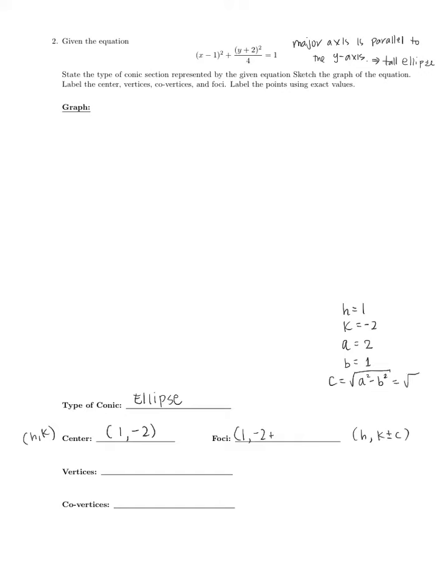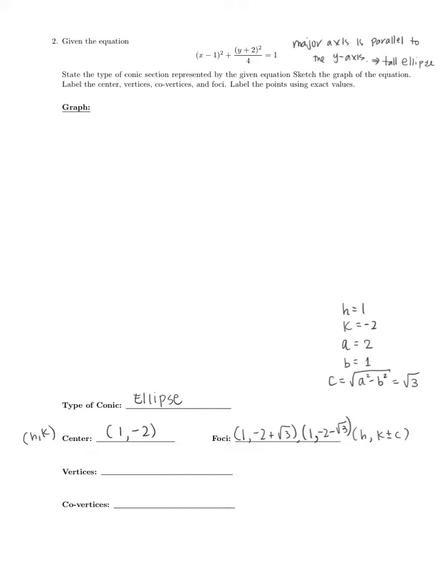So this is going to be what? Square root of 3. Okay, so I think we can fill this out now. So the foci is going to be h comma k plus or minus c. So you're going to have 1 comma negative 2 plus root 3, and then 1 comma negative 2 minus square root of 3.